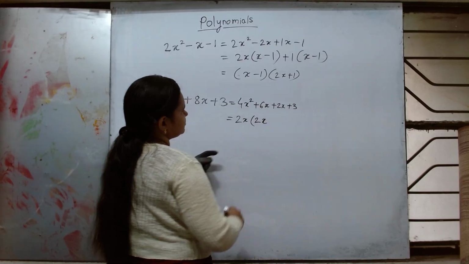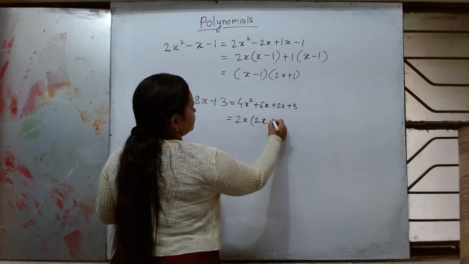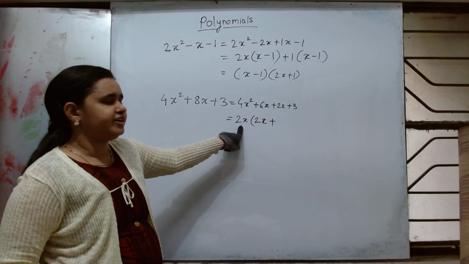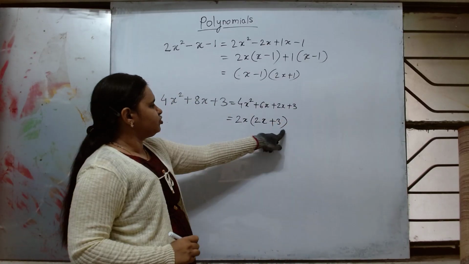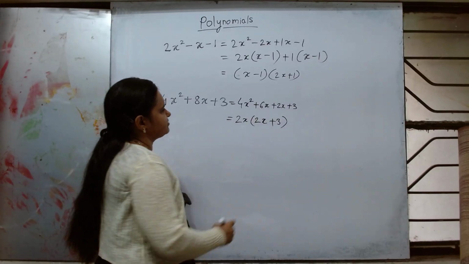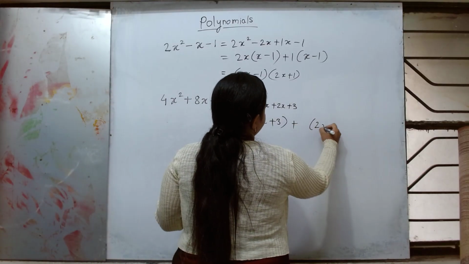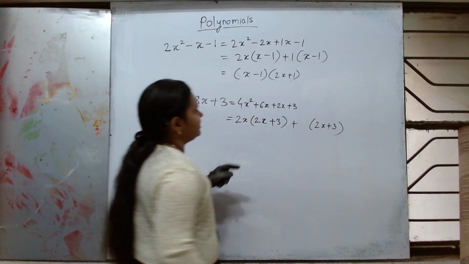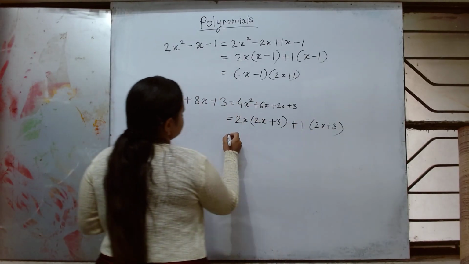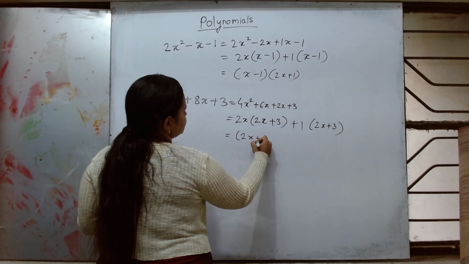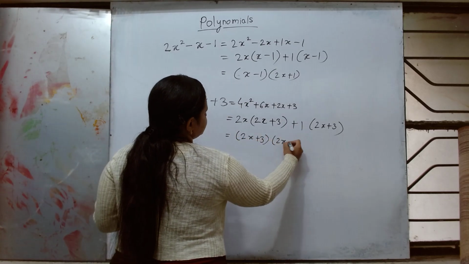So it will be 4x square. From the second term, if we take 2x common, 3 is remaining, so it will be 2x into 3 is 6x. Again, the second bracket will be the same. And if we take 2x plus 3 common, what is remaining? Only 1. So the factors are 2x plus 3 and 2x plus 1.